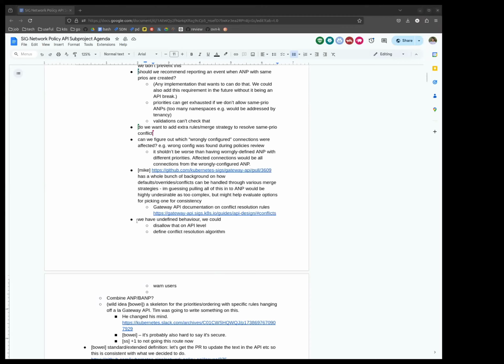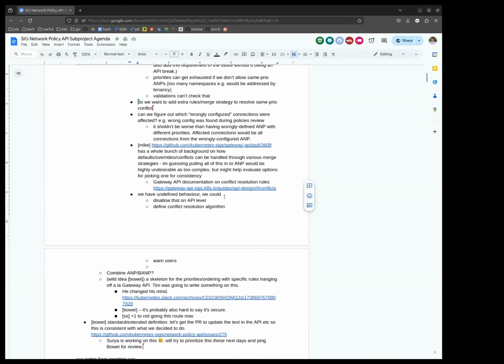Okay, so I'm trying to summarize that, as we just have 10 minutes left. We do have undefined behavior, which we warn about. We say don't do that, but it exists. The API allows that. What we can do about that are just a couple of things that we've discussed now, and there are pros and cons to each one of those. We could disallow that on the API level, where we just don't allow users to create ANPs with the same priority.